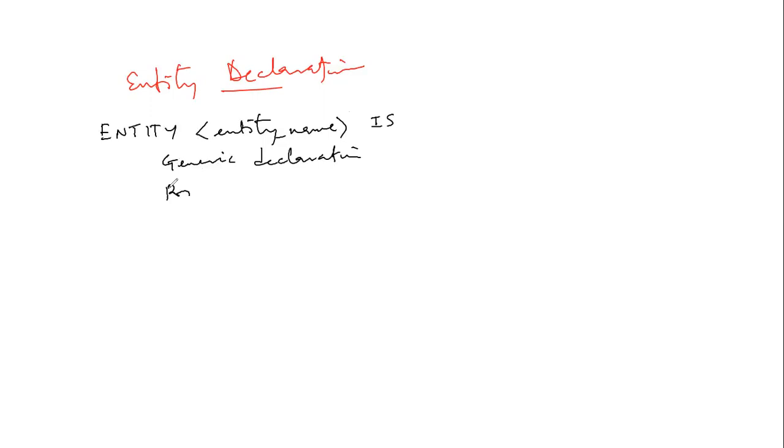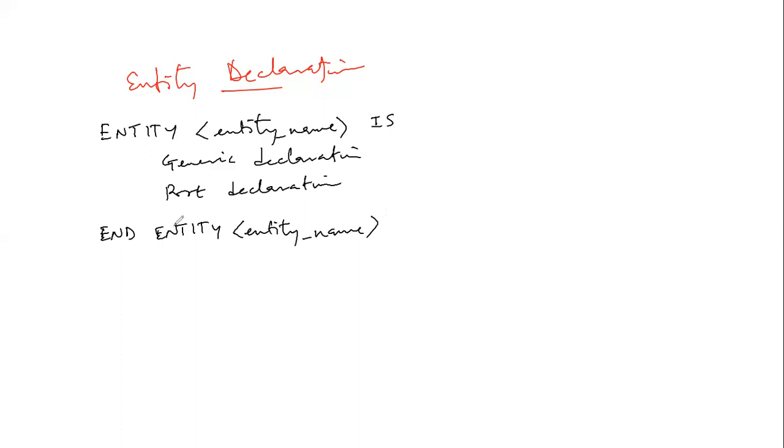Then we have the port declaration. Then we say end entity, and once we say end entity, we have to include the entity name. That's it.